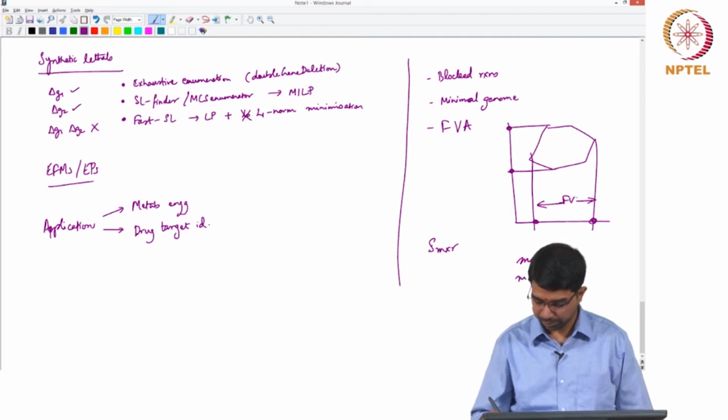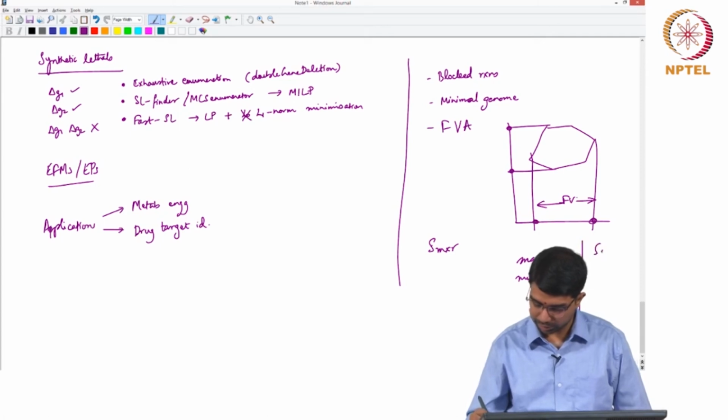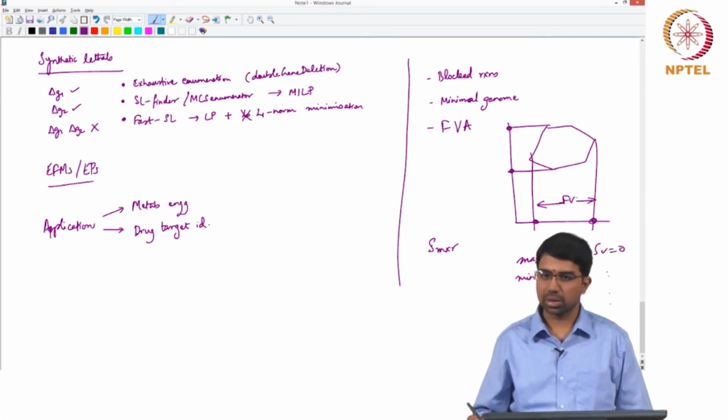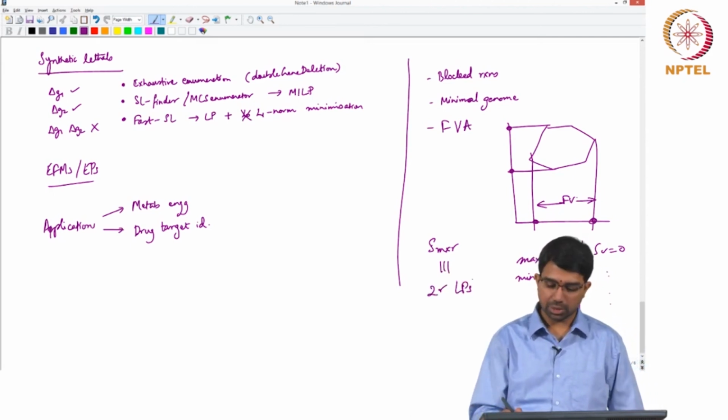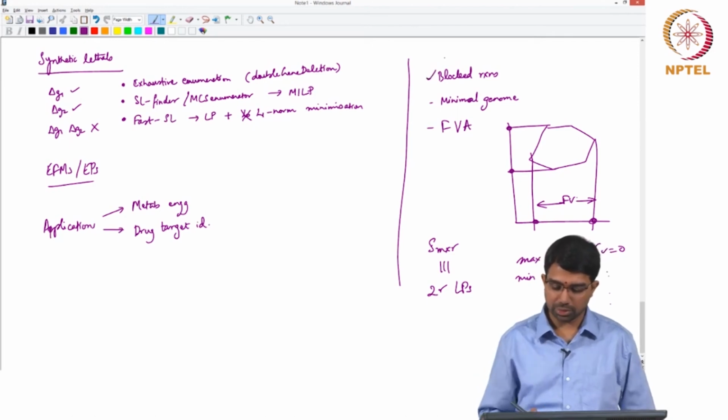Max V1, min V1, all the time such that SV equal to 0, etc. So, you will have 2R LPs that you need to solve, right. This will also tell you all the blocked reactions and so on.